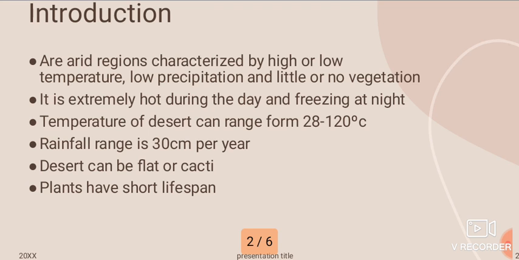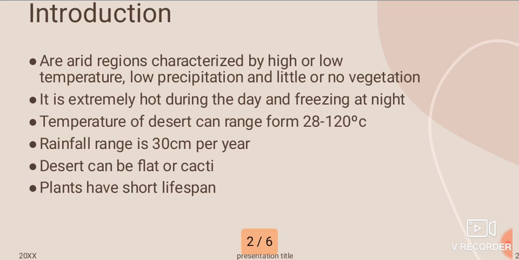Temperature of the desert can range from 28 to 120 degrees Celsius, which means the temperature does not go below 28 or beyond 120. It just remains within 28 and 120 degrees Celsius.